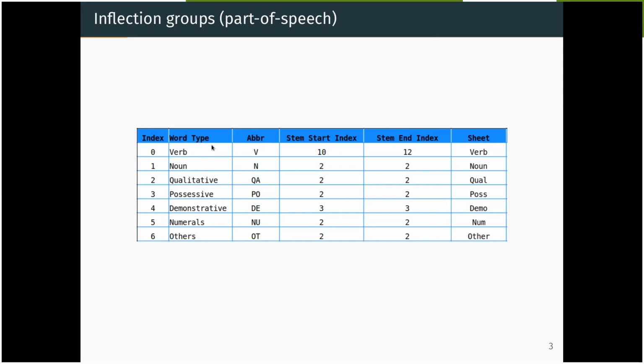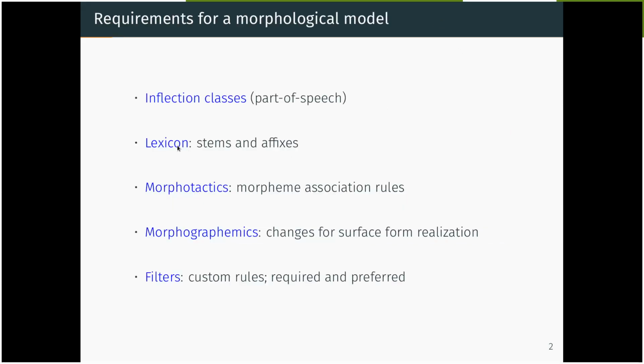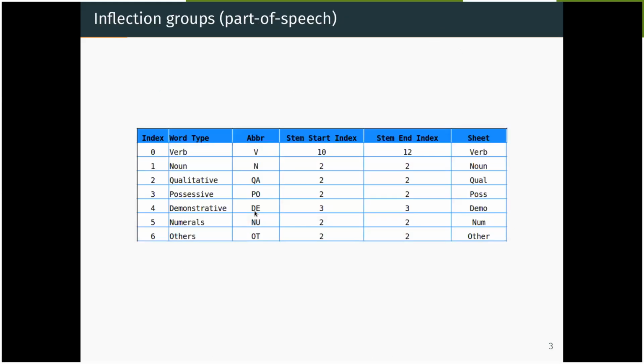So for each of these parts of speech, you need to know the lexicon, the list of stems and affixes, the morphotactics, how the morphemes are combined, the morphographemics, how you generate the final string after combining the morphemes, and then you need some custom filters for each of them.